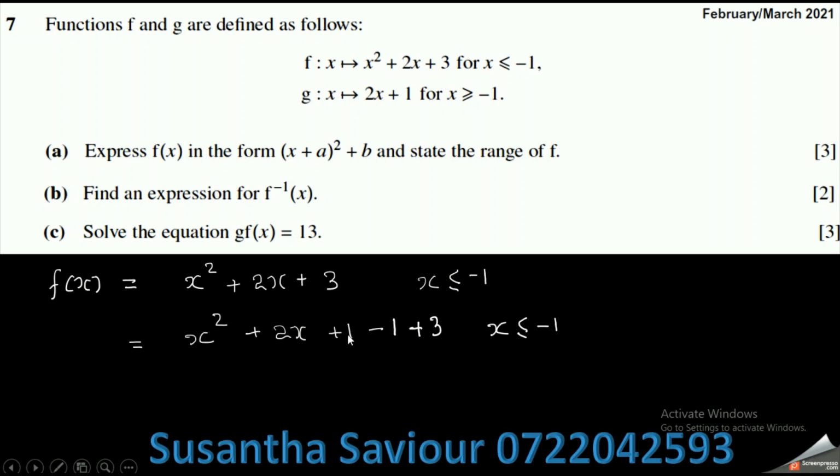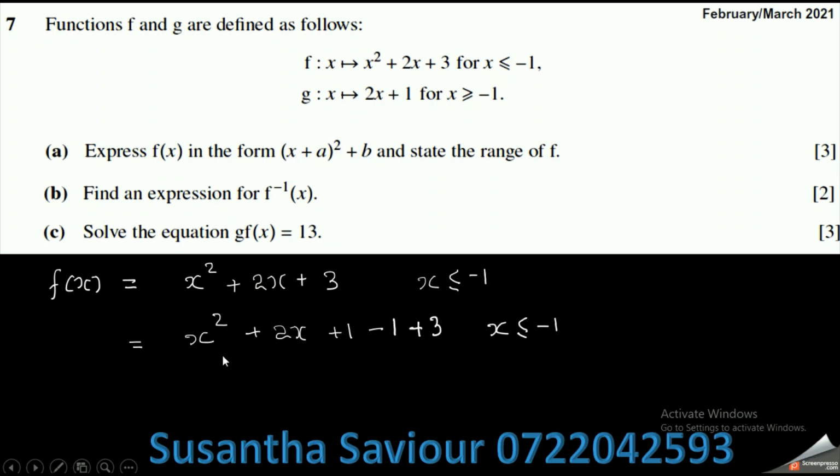Half is 1, squared is 1 itself, and then minus 1 plus 3. You add then subtract. You take half of the coefficient of x. How much is half of the coefficient of this x? 1. You square it. When you square 1, it is 1 itself. Add then subtract. You can't just do one thing. If you added, you have to subtract to nullify it.